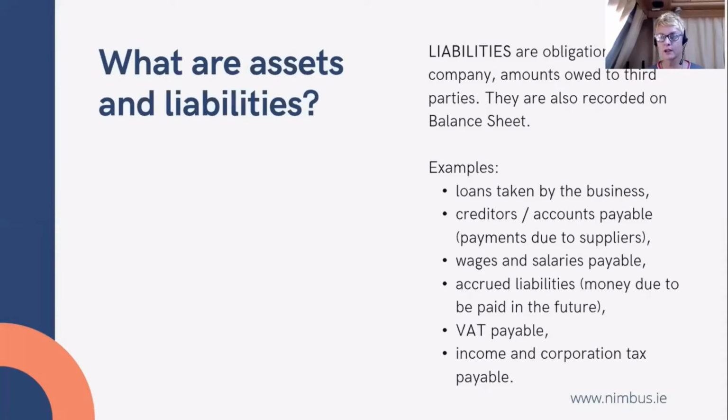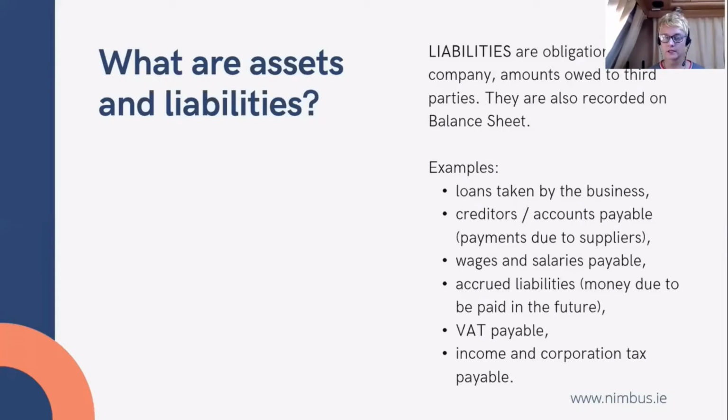And they are also recorded on the balance sheet statement. They are also part of the balance sheet, not the profit and loss account. Examples, as I mentioned, loans taken by the business. You take a loan from the bank, you owe the money to the bank. That's your liability. So you will record it as a credit on the liability side.